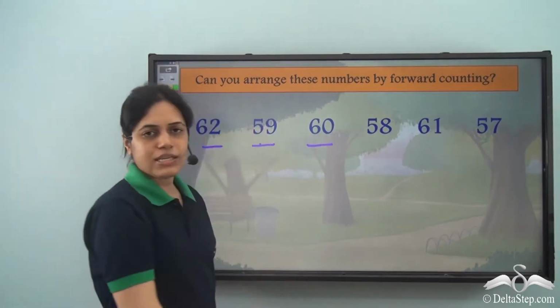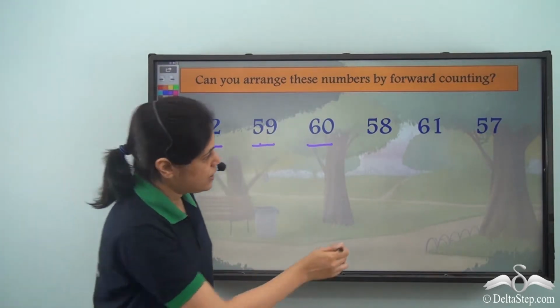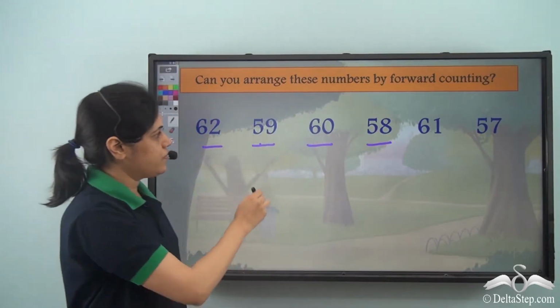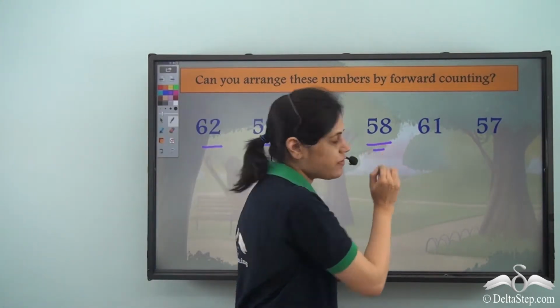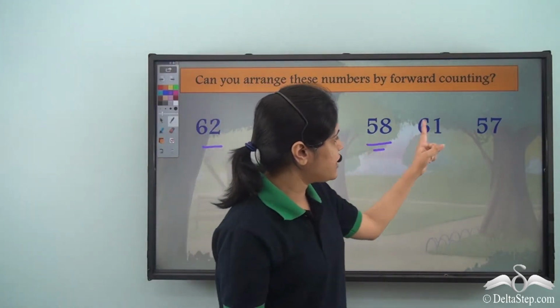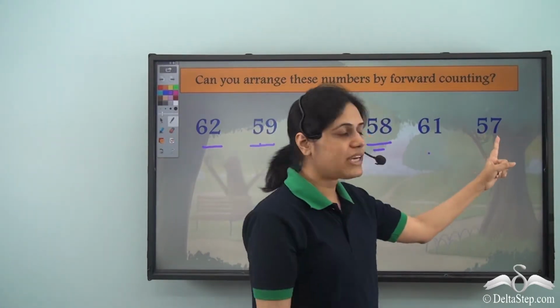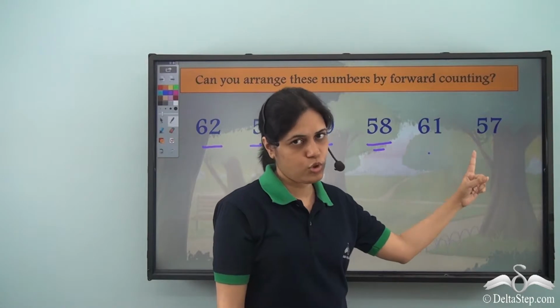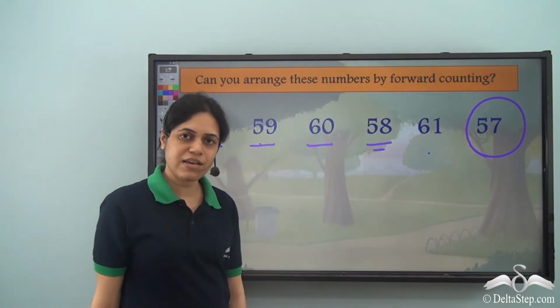Next number is 60. Is 59 less than 60? Yes. Next number is 58. Is 59 less than 58? No. So we come to 58. Is 58 less than 61? Yes. Is 58 less than 57? No. So the smallest number here is 57.